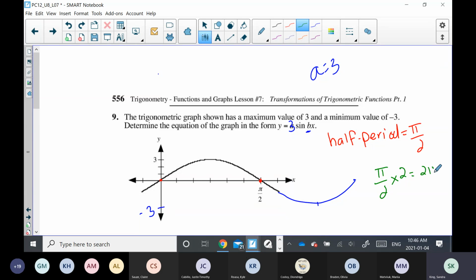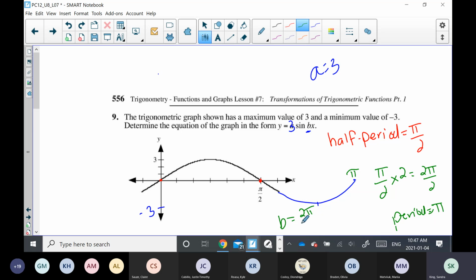That would be 2 pi over 2, and the period of this graph would be just pi. So this would be pi radians. This is half of a pi. This would be a whole pi. So this is half of a period. That's the whole period.